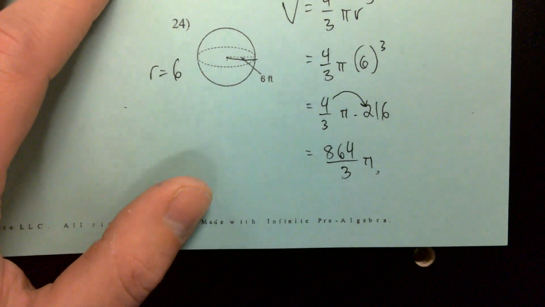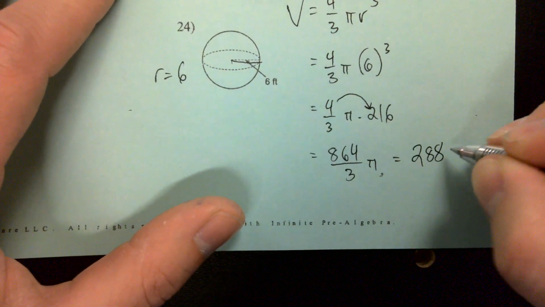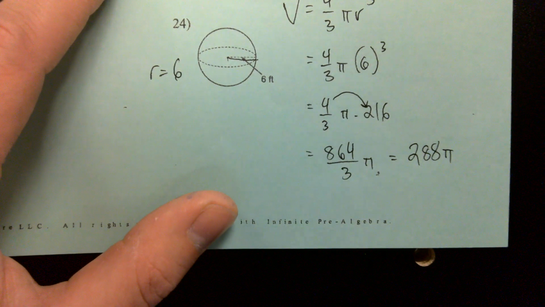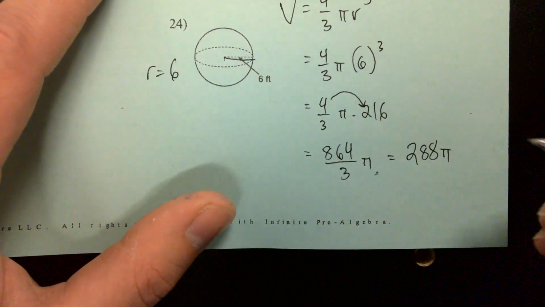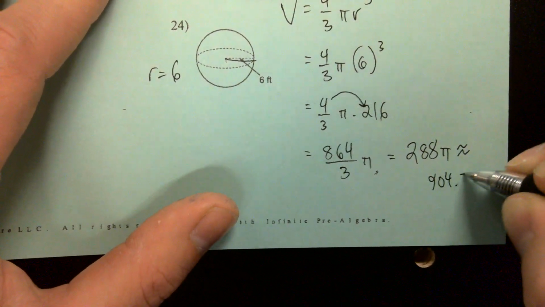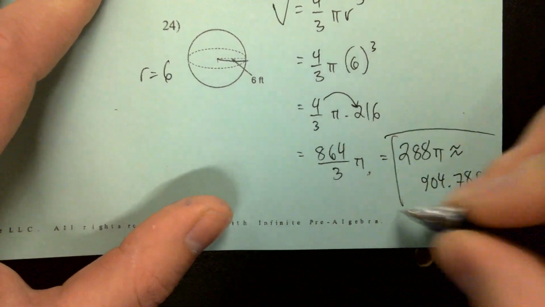Can we divide 864 by 3? Yes, we can. We get 288 pi. That's my exact volume. We multiply 288 by pi to get an approximation of 904.78 cubic feet.